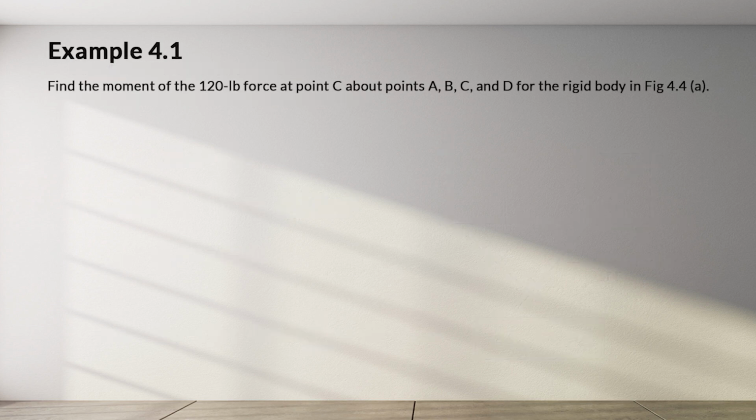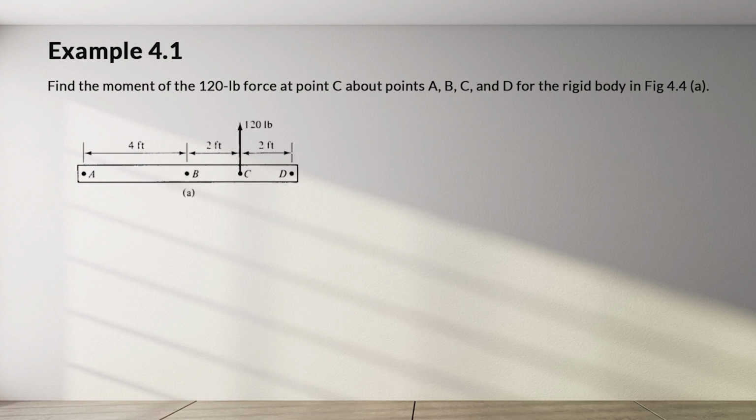Let's look at this example. We need to find the moment of the 120-pound force at point C about points A, B, C, and D for the rigid body in figure A. If we take the moment around A, we set the moment always equal to the force times the letter r.